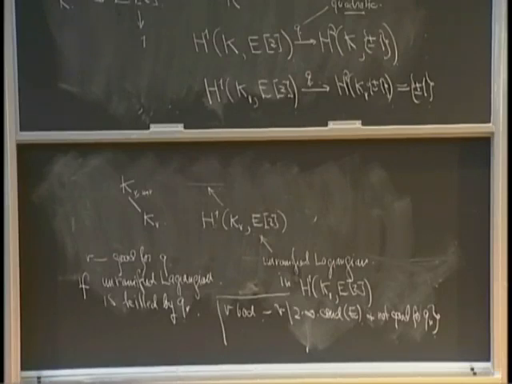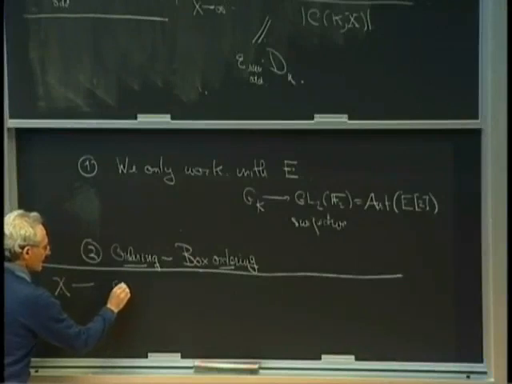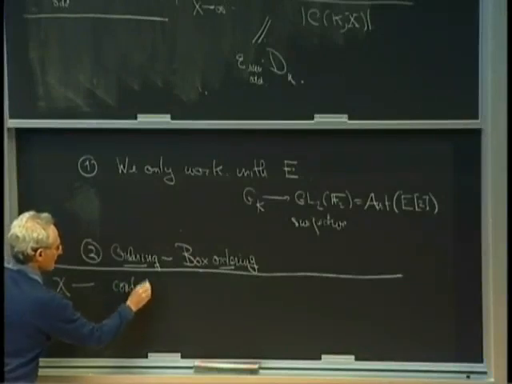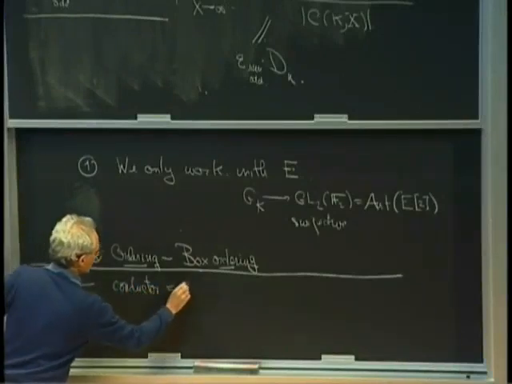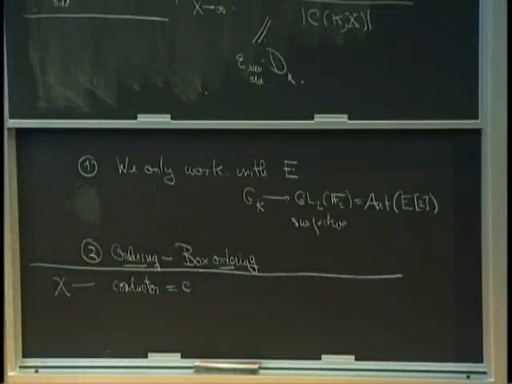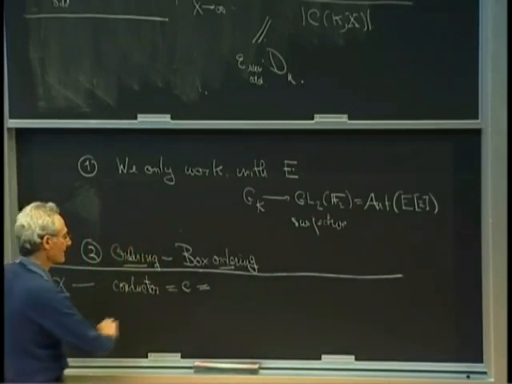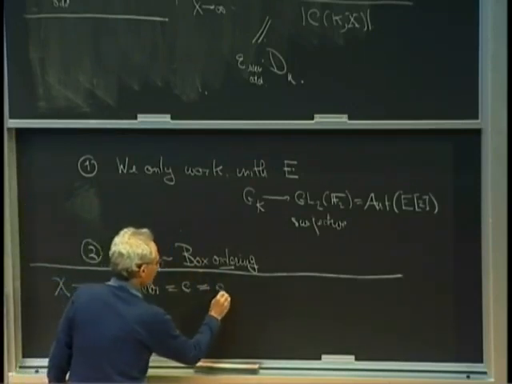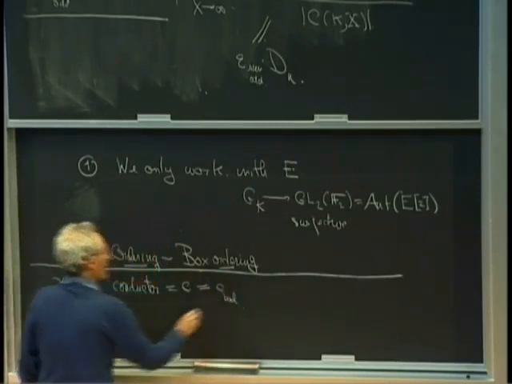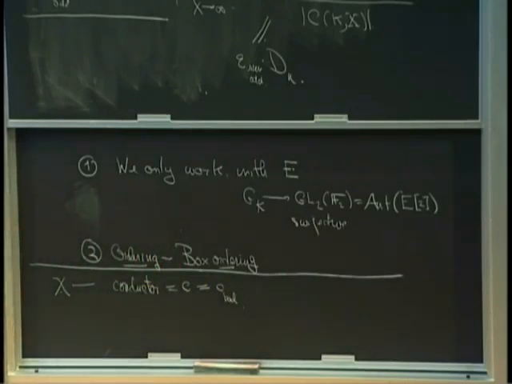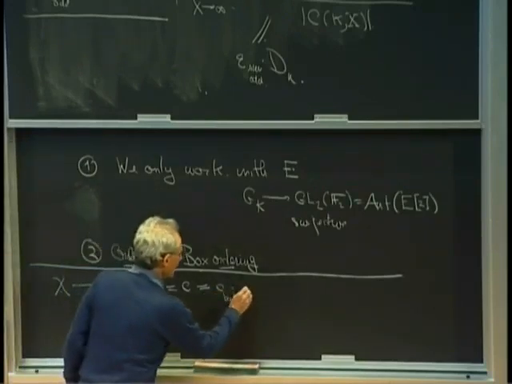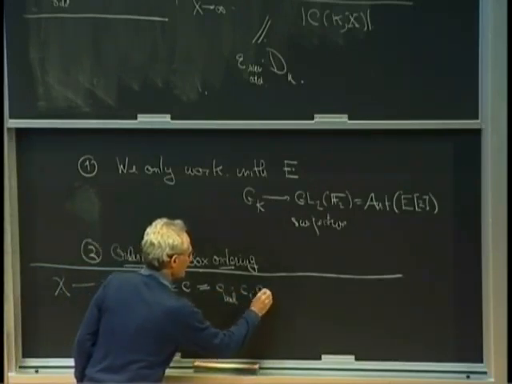I write chi, a typical chi, and it will have a conductor. I'll call the conductor C of chi. And I want to break this conductor, as an ideal, into a product of 4 ideals: C bad. That is to say, I take all the primes dividing the conductor that are bad in this sense, times C1, C2, C3.